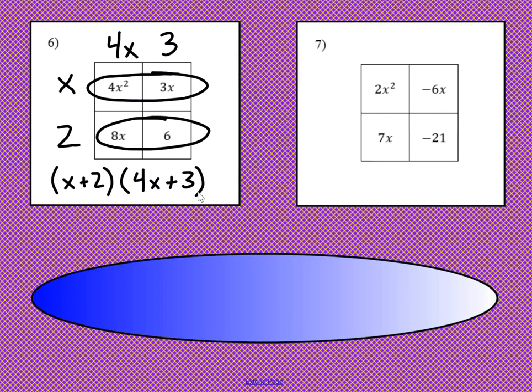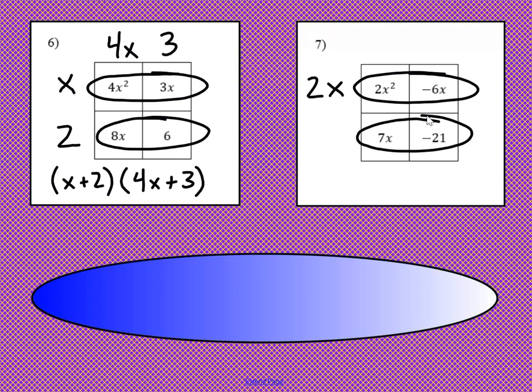Same thing on the next one. I have 2x squared and a negative 6x, so 2 is going to be the numbers' GCF, and I can take an x out of each of those. And then I have 7 and negative 21. The GCF there is 7. So 2x times what gives me 2x squared? Got to be an x. 2x times what gives me a negative 6x?